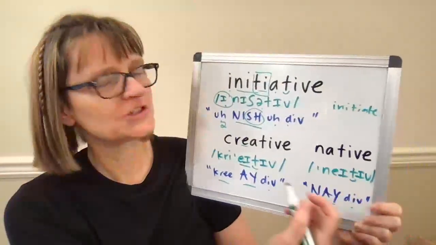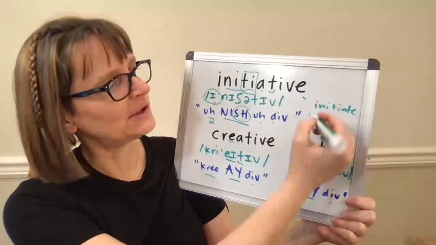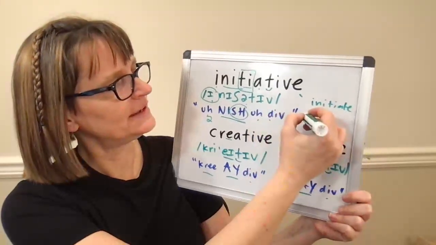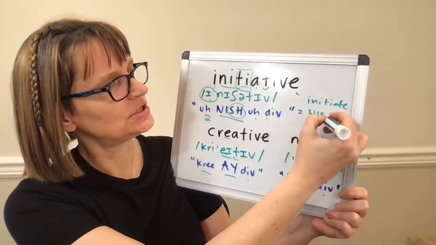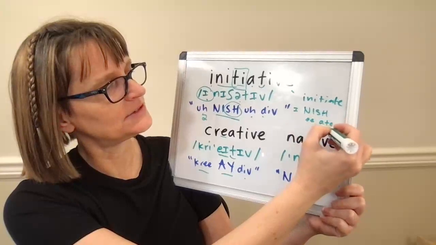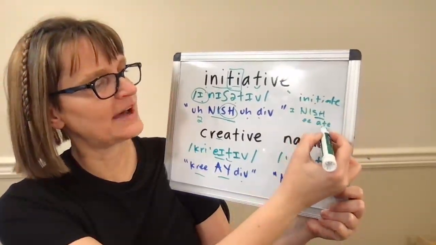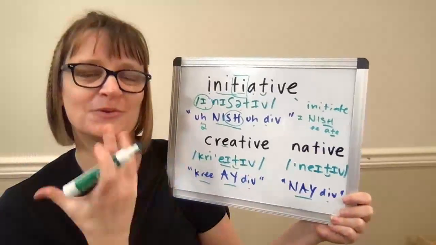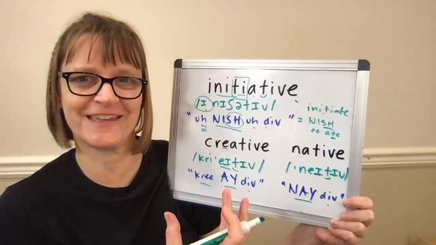And then finally, let's just look at initiate because I think that pairs well with initiative as well, where we have the same I sound, then we have our niche, and then we have an E-A. So in initiate, this T is an SH sound. We have a true T here at the end, or a stop T, initiate. Depending on the context, you'll do a different T for the end of words.